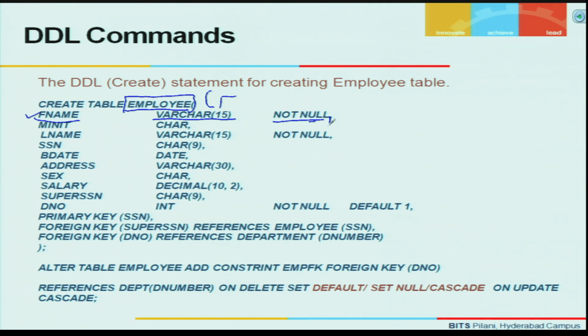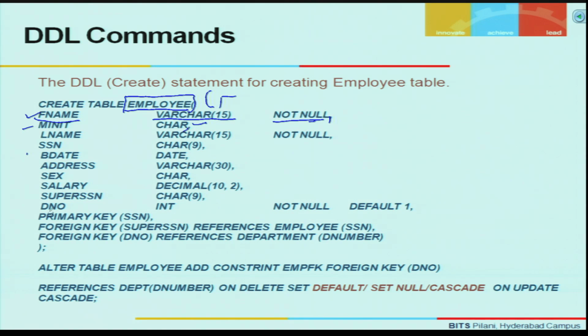Then the definition of the first attribute is over, then I need to end that with a comma, because attribute definitions will be separated by commas. So I put a comma there and then go on to define the second attribute, middle initial, of type character, which takes only one character, and then put a comma, and so on and so forth.